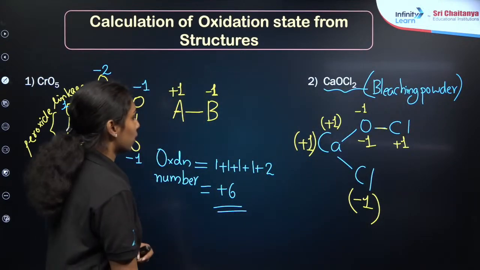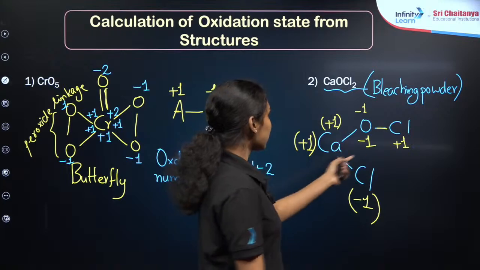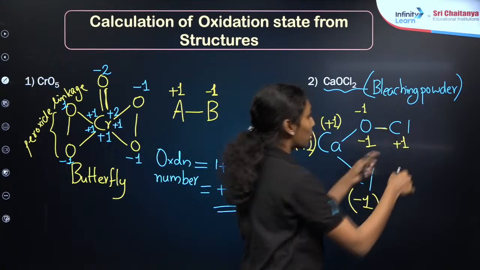Is it clear? Because of the electronegativity difference, oxygen will acquire -1 charge and chlorine will acquire +1 charge.